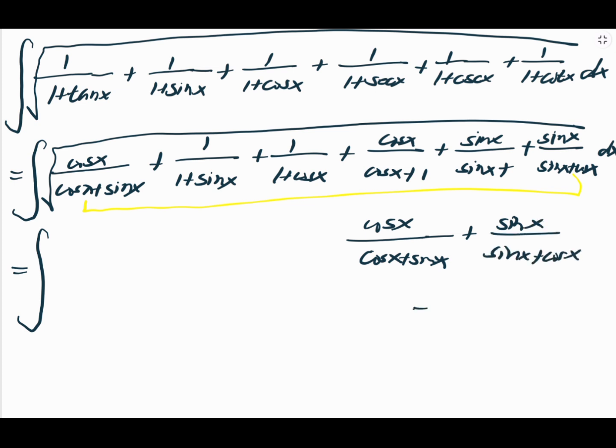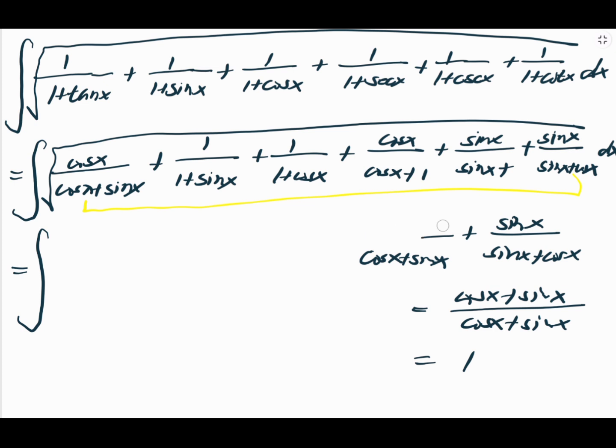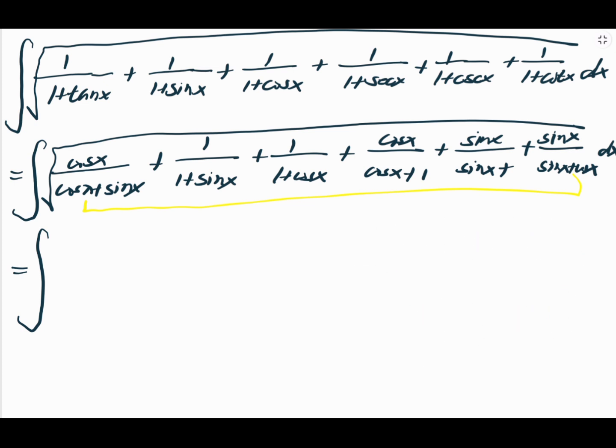They are similar, meaning they have the same denominator. So copy the denominator, then add the numerator. So we have cosine of x plus sine of x, and actually, they are equal to 1. So the first term and the last term, the sum is equal to 1.